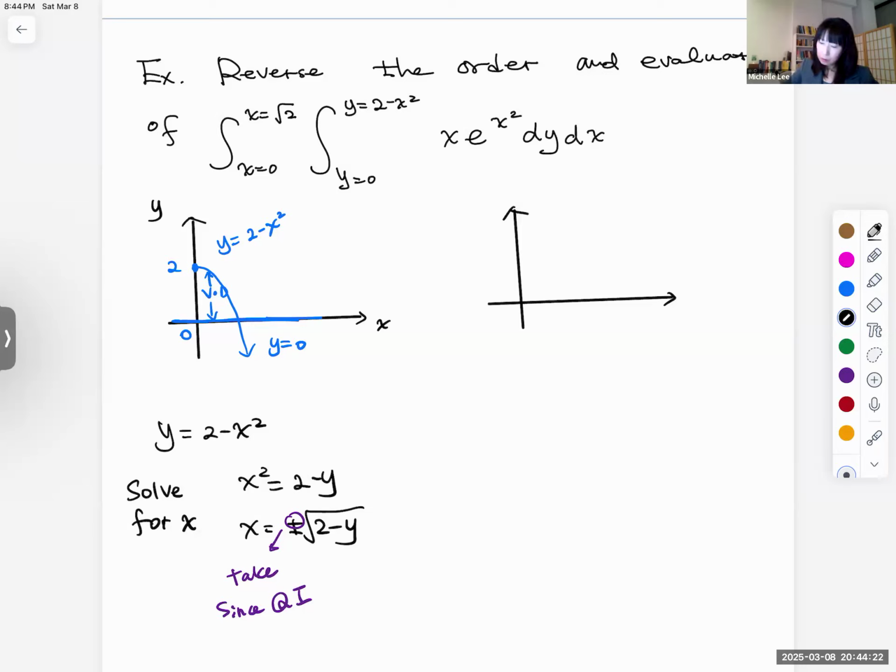Same shape. So x equal to the square root of 2 minus y.